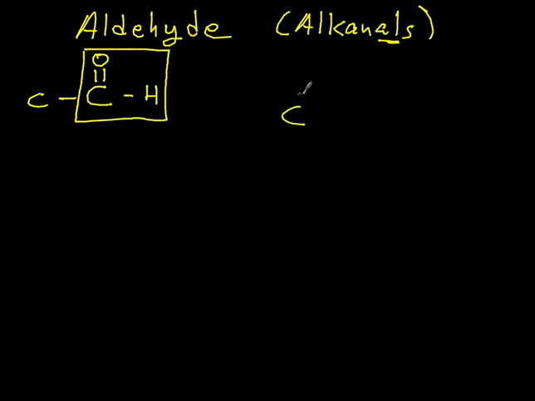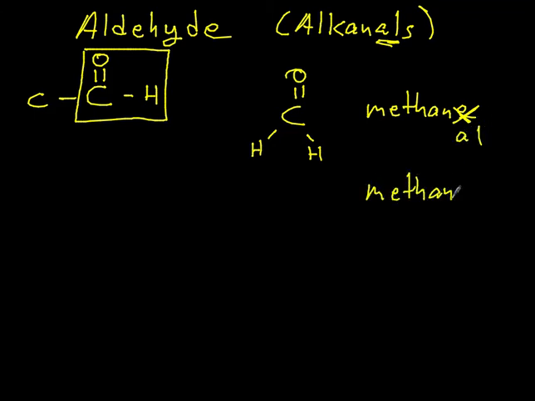So let's look at the simplest aldehyde, which is going to be this structure right there. It's 1 carbon, so it's methane. Just like the alcohol, we're going to drop that E and add the -al ending. So this methane becomes methanal. So let's do another one.